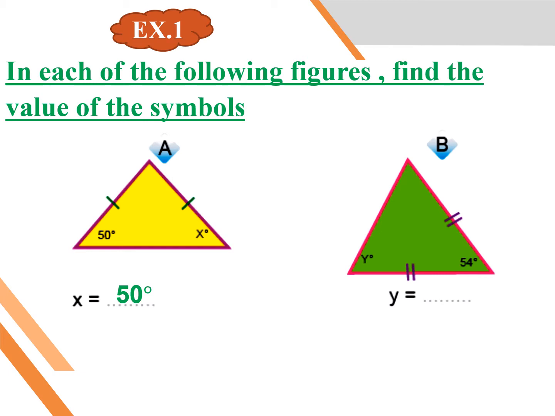Where is the base? The base is the side with the symbol y and the angle beside it. So how do we find y? By using the rule (180 minus 54) over 2. So the angle will be 63.